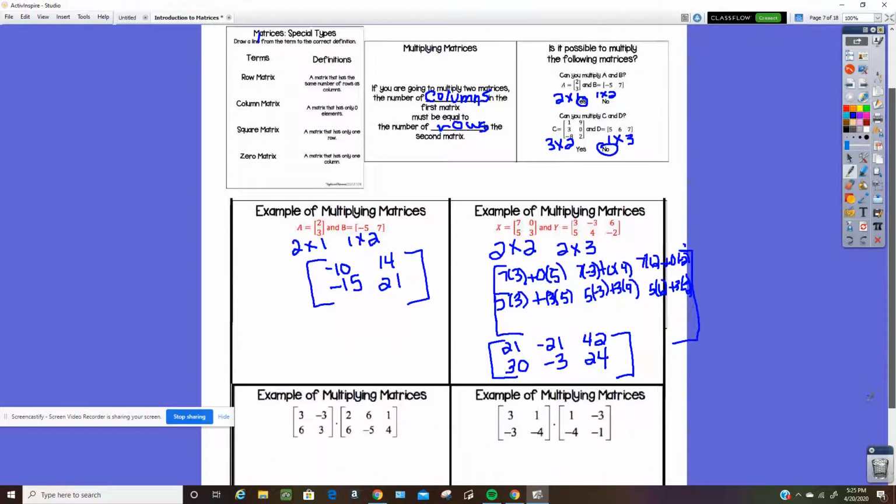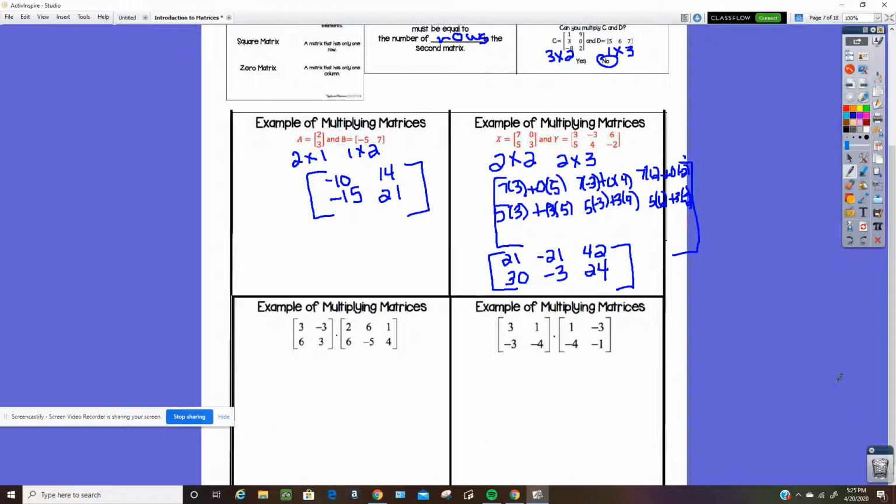Let me slide down here a little bit. All right, so this is the only example here that I'm going to write all the products out that I'm adding together. So let's look at this one. This is a 2 by 2, and I'm multiplying by a 2 by 3. So once again, it's like the example I just did. These two numbers match, so I'm going to end up with a 2 by 3.